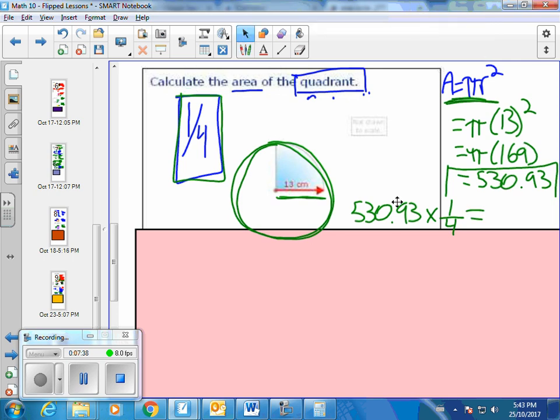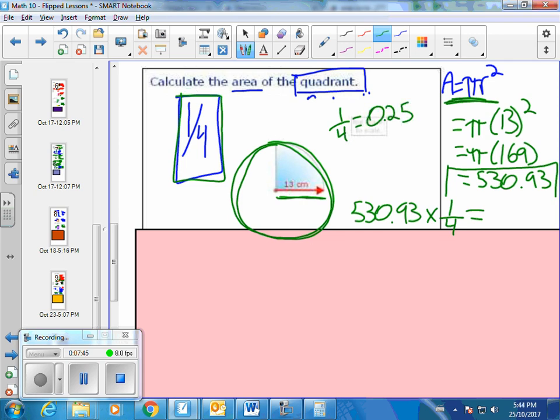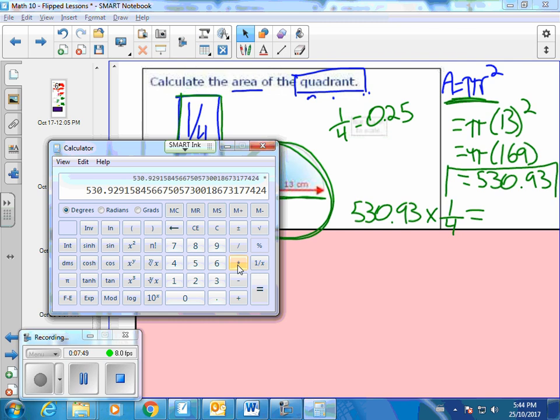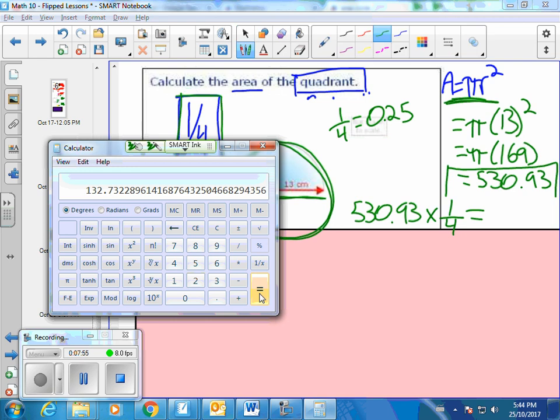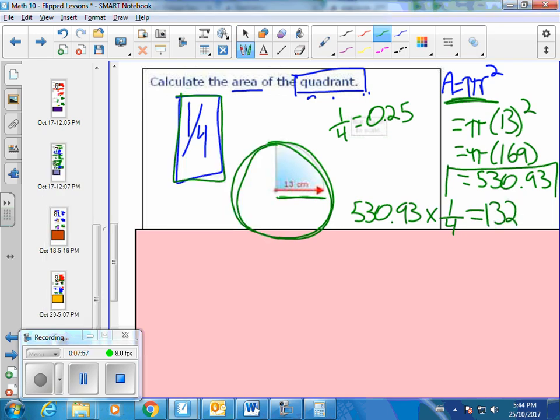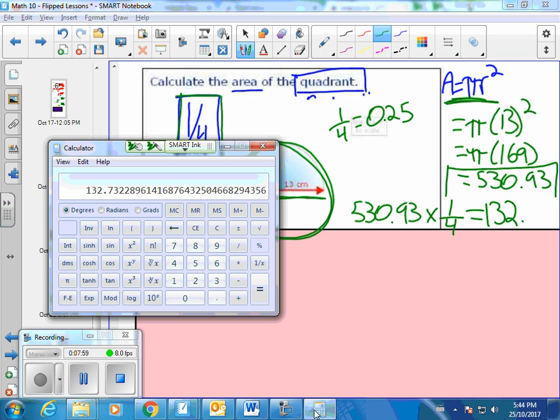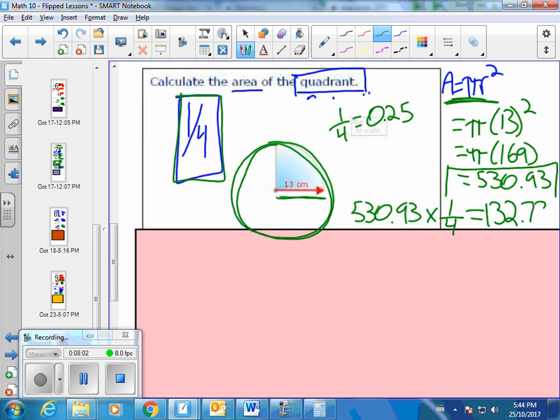I know that 1/4 is the same as 0.25. So I'm going to go ahead and use that in my calculator. I'm going to multiply by 0.25. My final answer for this question is 132.73.